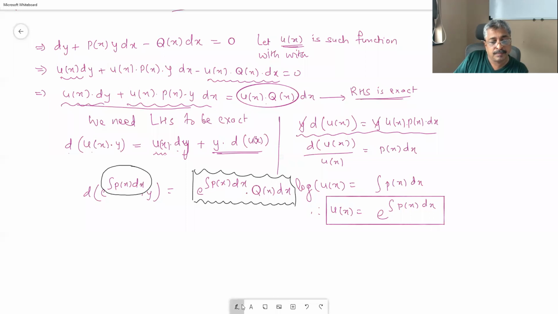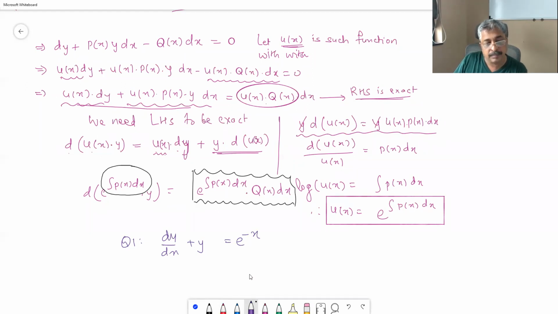Question 1. dy by dx plus y equals e raised to minus x. Okay, integrating factor is e raised to integral 1 dx, which is equal to e raised to x. And therefore, final answer is y is equal to x plus c e raised to x.